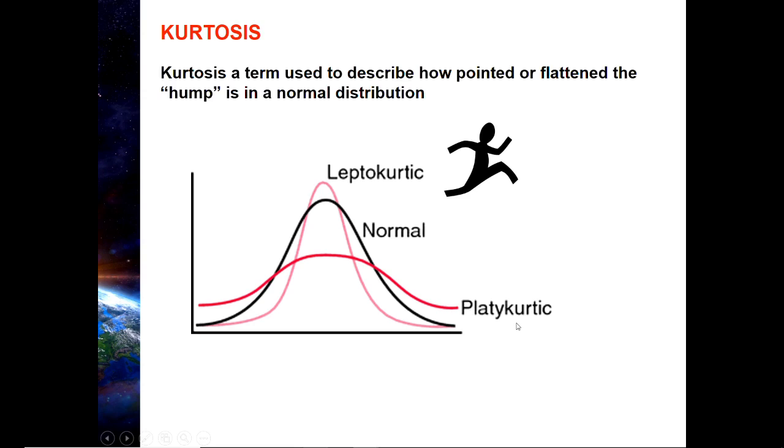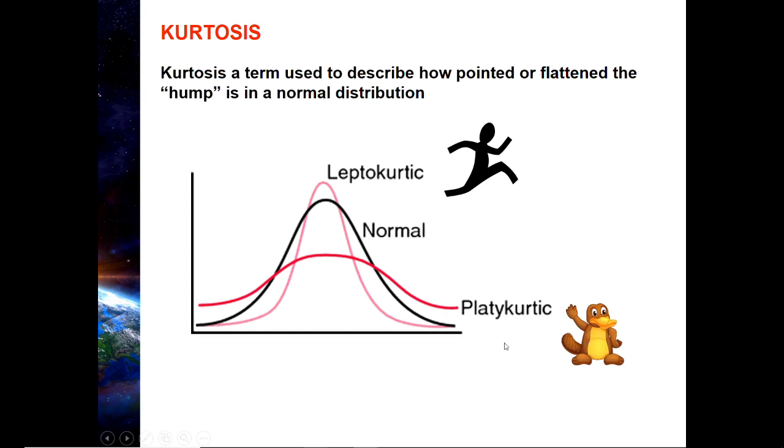The one thing that I thought of was a platypus. And that's because a platypus has a flat beak, okay? And it starts with plat, right? So platypus, platykurtic, that's what I thought of.